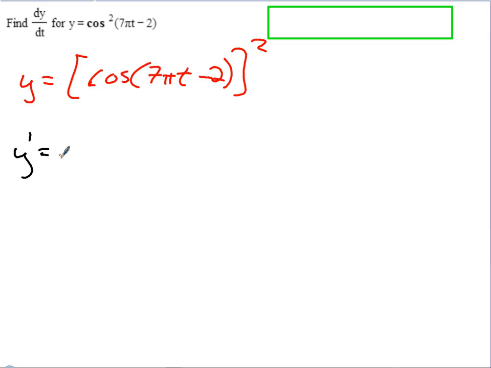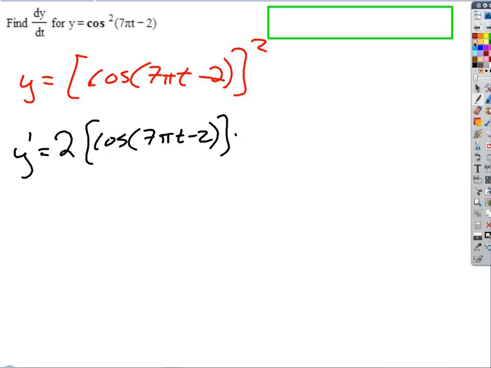So I've got something squared, and the derivative of something squared is 2 times something to the 1, right? Something cosine. Next layer. Yeah. So the derivative of cosine is negative sine.